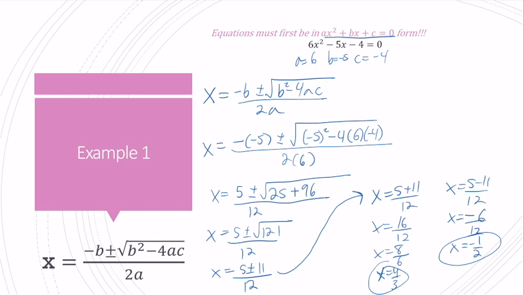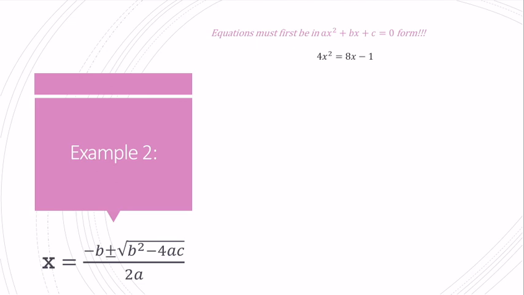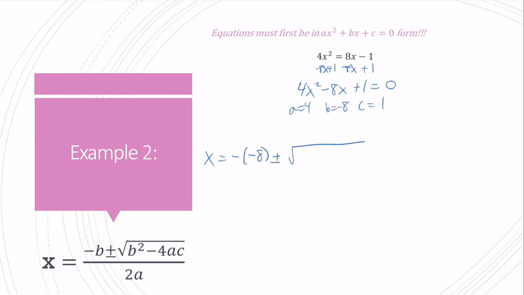For this next example, I have 4x squared equals 8x minus 1, and I need this whole thing set equal to 0. So I'm going to move the 8x and the 1 to the other side. So I have 4x squared minus 8x plus 1 equals 0. My a is 4, my b is negative 8, and my c is 1. So x equals negative b, which is a negative 8, plus or minus the square root of negative 8 squared minus 4ac all over 2a.